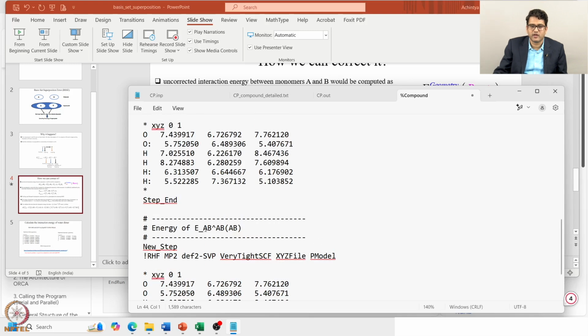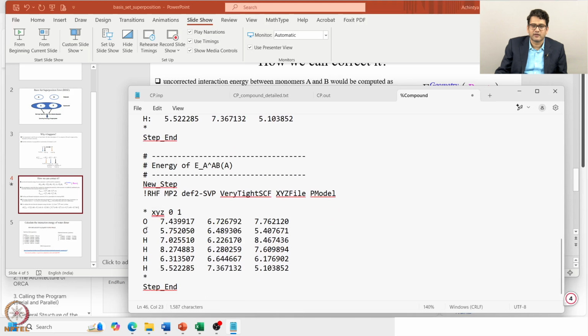I should put a space. So, now this is energy of A at the geometry AB, but basis set of A. For doing this one, I need to delete the atoms corresponding to the second water.